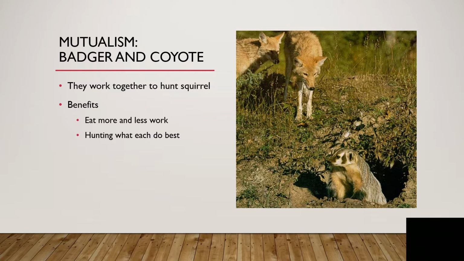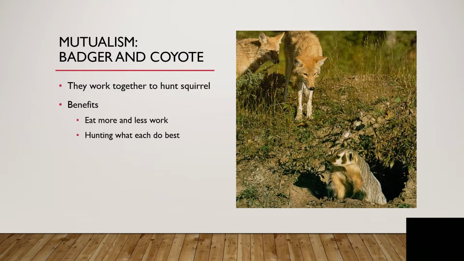They usually team up when there's a decent population of both badgers and coyotes. Sometimes you'll see 2 or more coyotes team up with a badger. So it benefits both of them by eating more and working less.